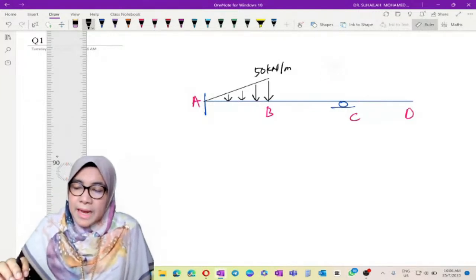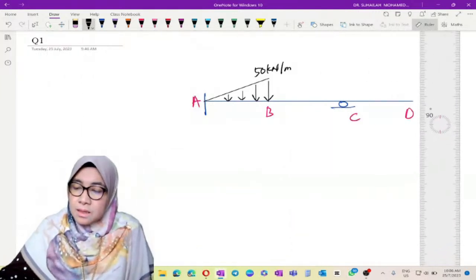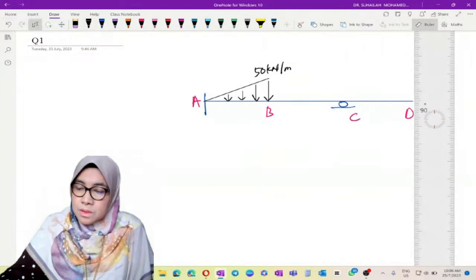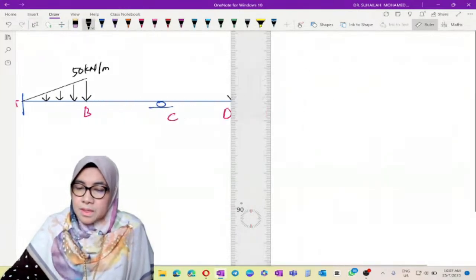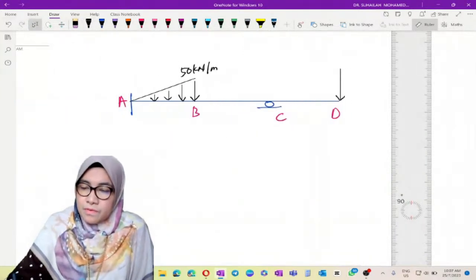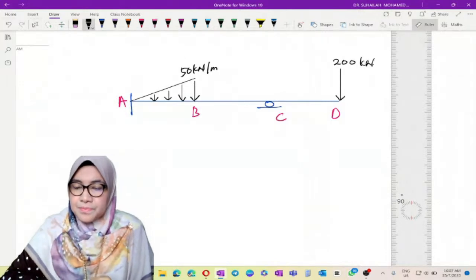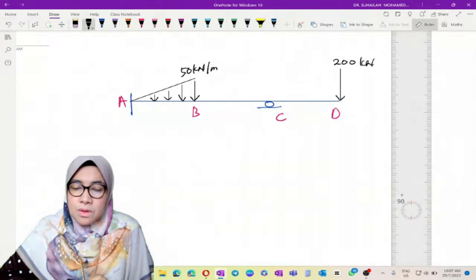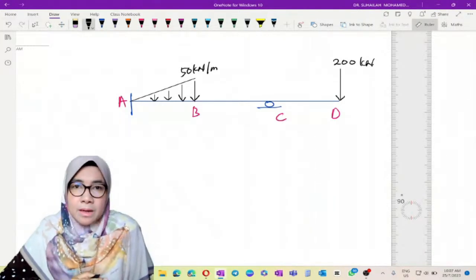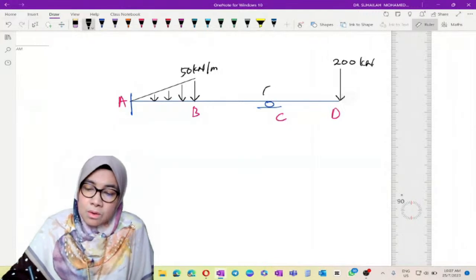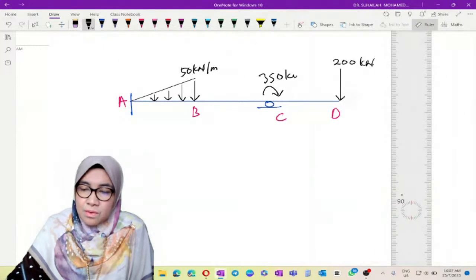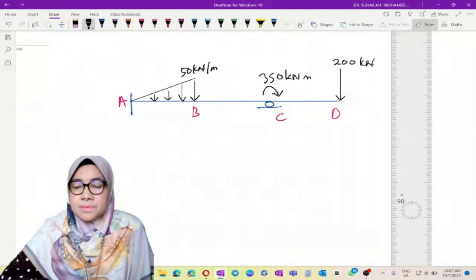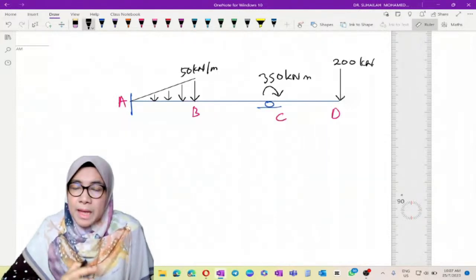At D there is a vertical load of 200 kilonewton, and there is a moment at C, clockwise. This moment is 350 kilonewton meter.